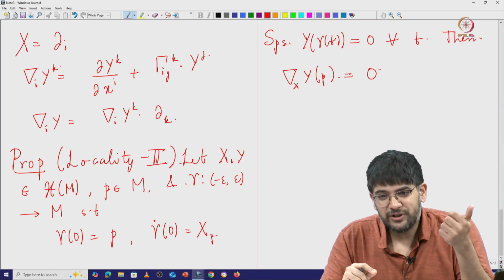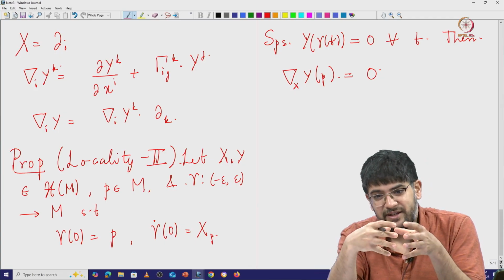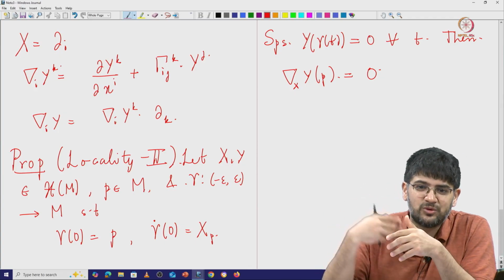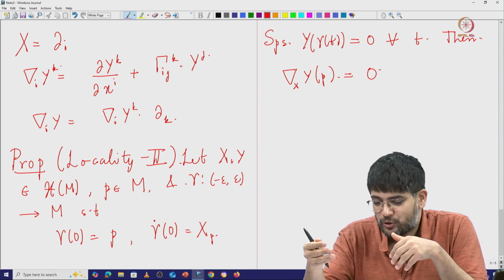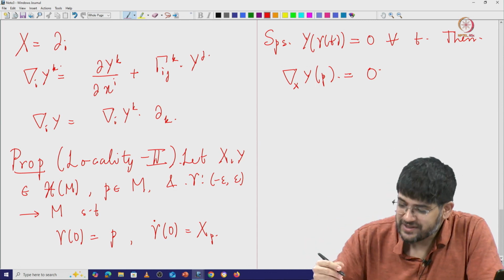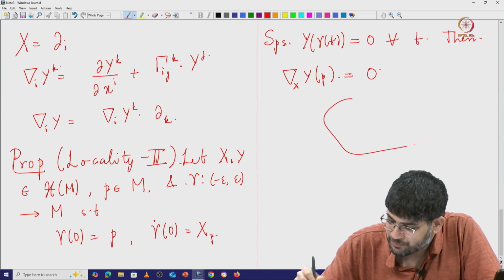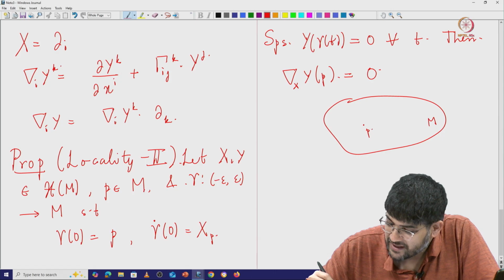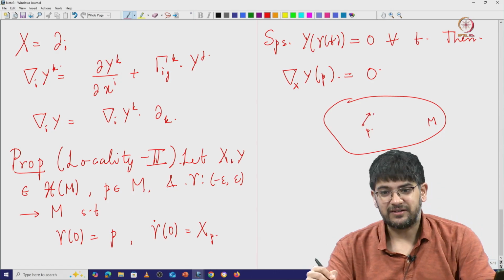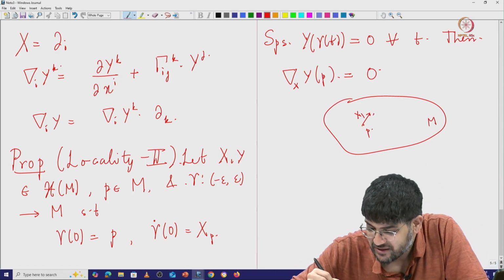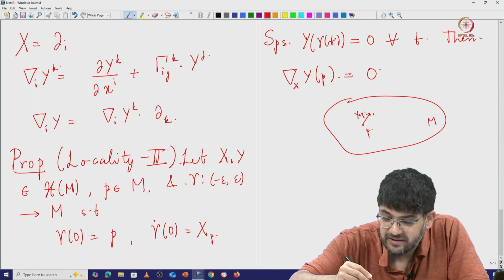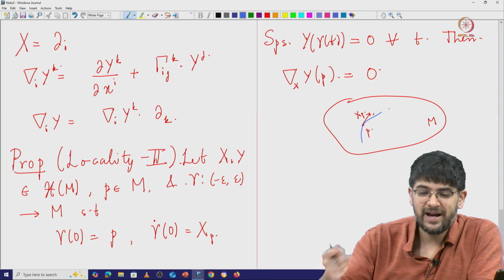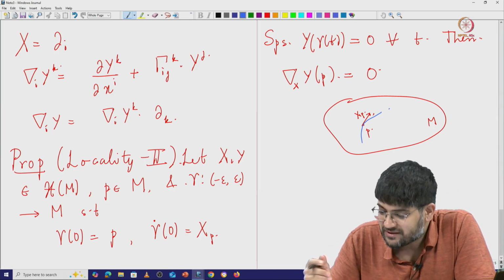Remember what the original locality was: if y is 0 in a neighborhood of this point p, then no matter what x is, the derivative with respect to x will be 0. Now what this says is, suppose this is your M, this is your point p, and this is your vector xp. Then take any curve, and suppose y is identically 0 along that curve.